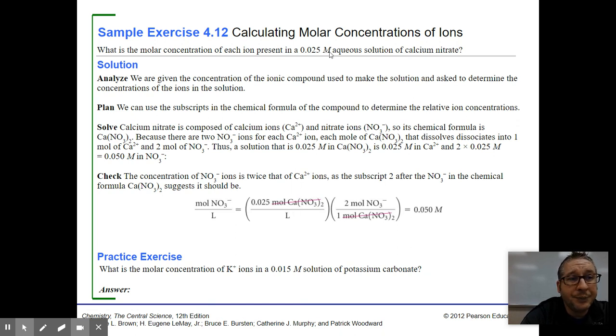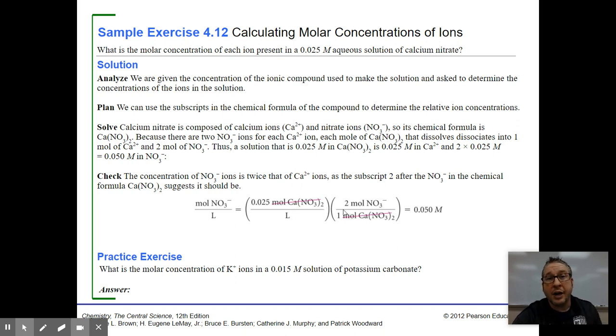Moles per liter. So if we were to have calcium nitrate break up into its ions in an aqueous solution, we have to look at the ratios of calcium and nitrate ions. In each molecule of calcium nitrate, there's one calcium and two nitrates.